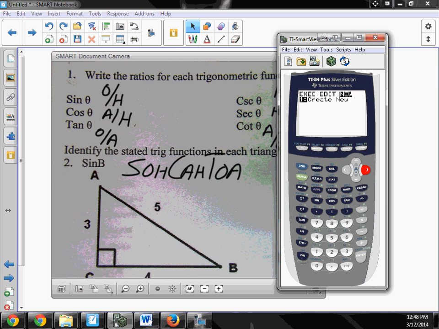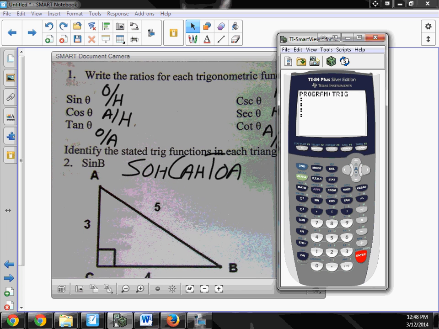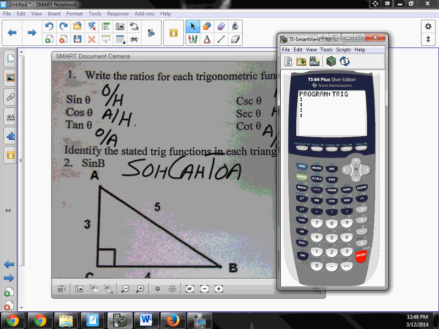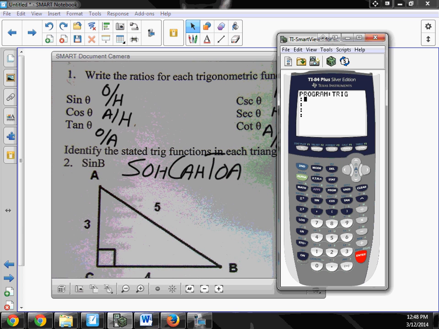So create a program called trig. Just push program, go over to new, hit enter, and write trig. So it should look like this. Hit trig and then hit enter.